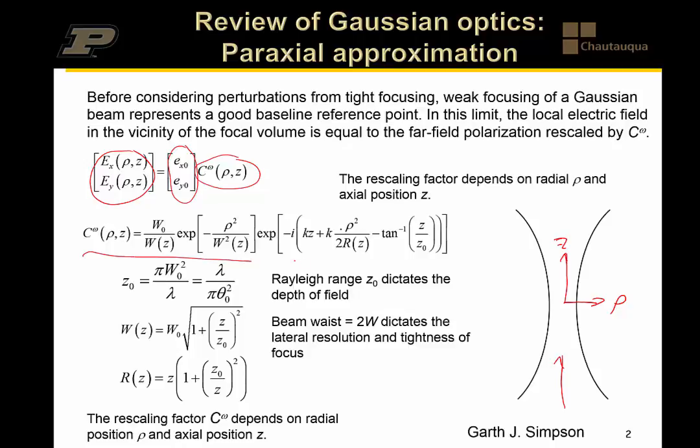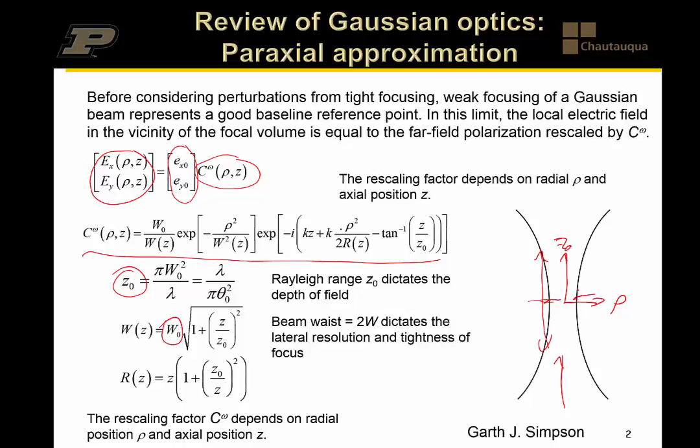And the expression is kind of lengthy, but there's a couple of key parameters that really dictate the overall characteristics. The first is the Rayleigh range, which is z0, and essentially 2 times z0 is the depth of field. So z0 represents the width of this beam along the axis of propagation, and w0 represents the beam width. 2w0 is the beam waist in the focal plane.